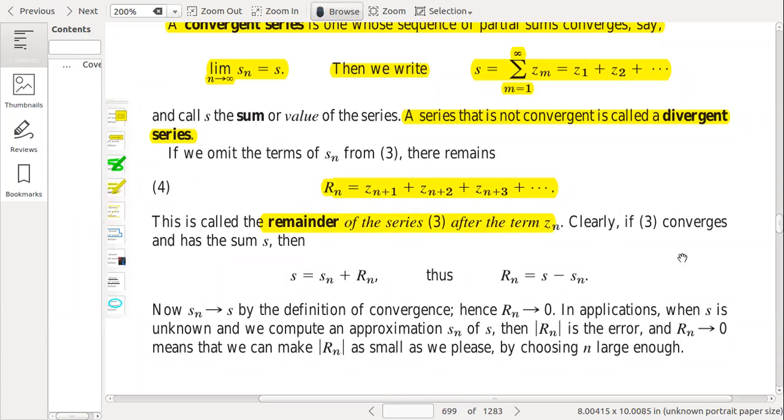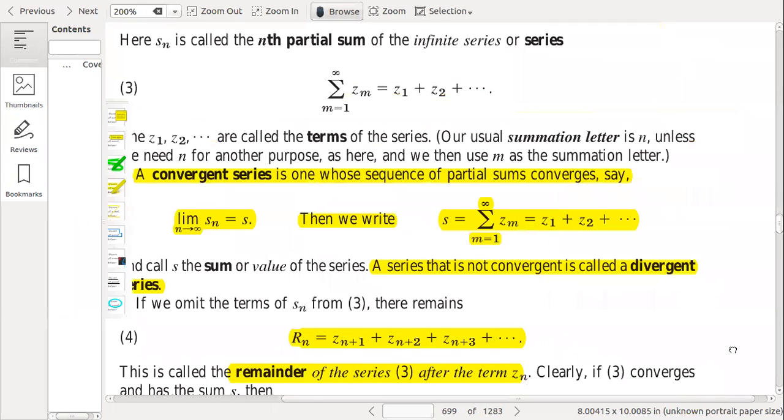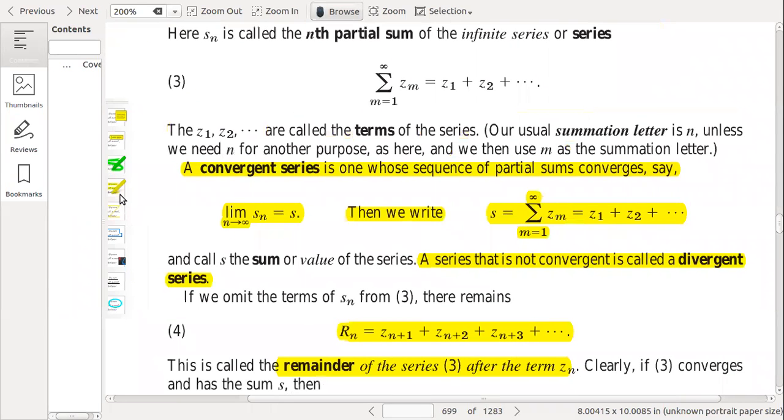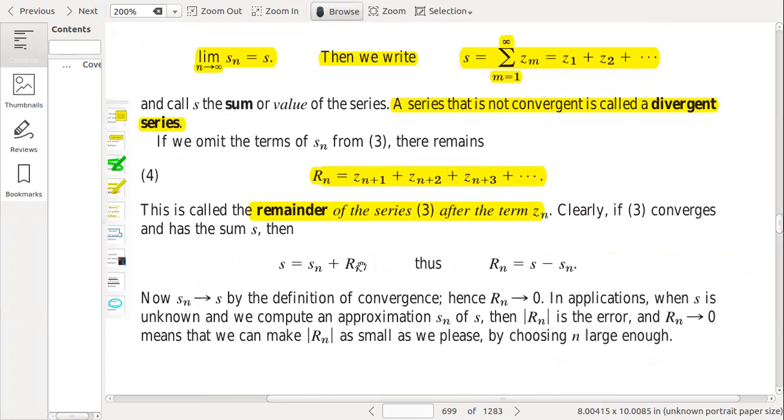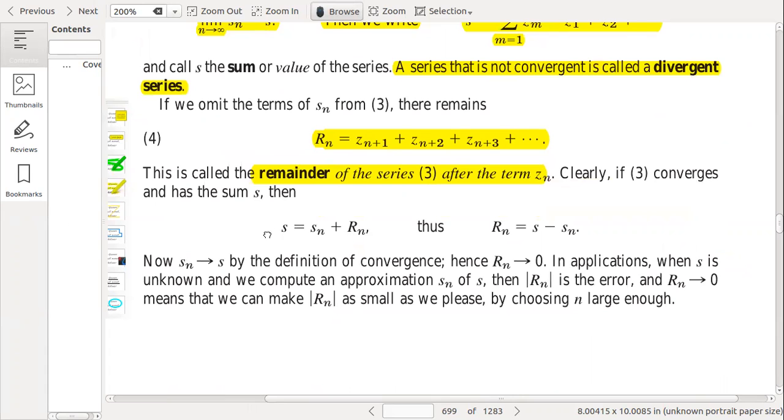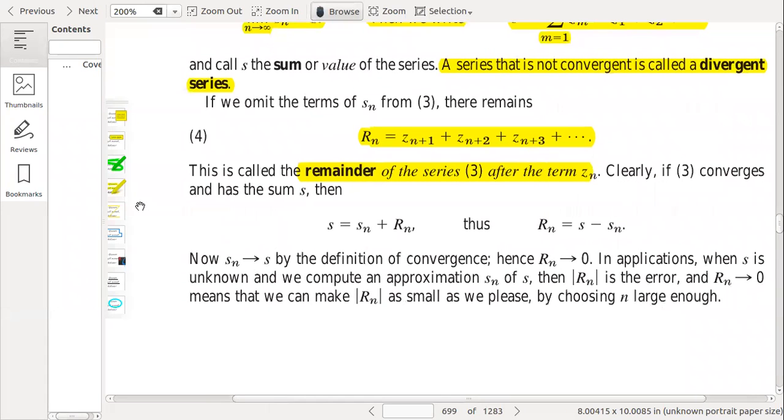Clearly, if the series converges and has the sum S, then we can write S as the partial sum of n terms plus the remainder. Thus Rn is equal to S minus Sn.